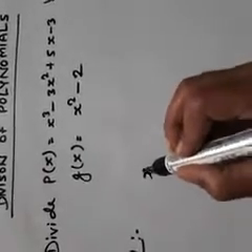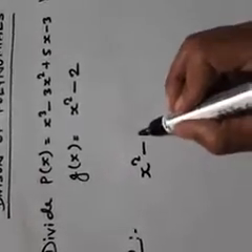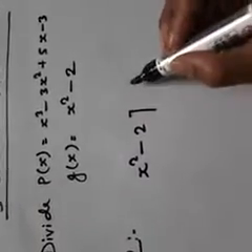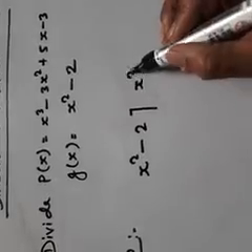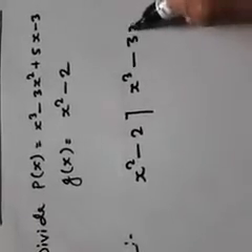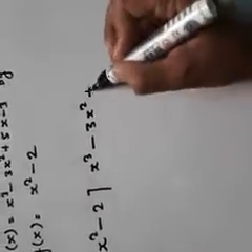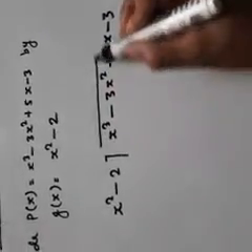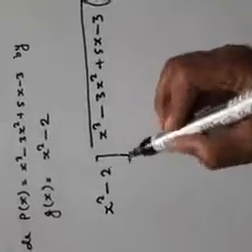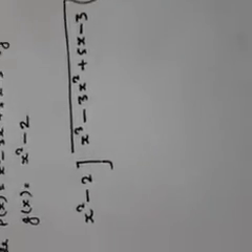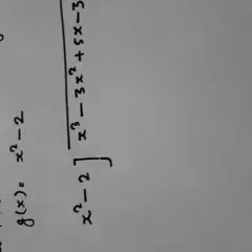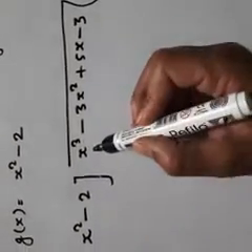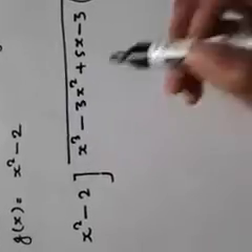So students, see, the divisor is x minus 2, and from this we have to divide x cube minus 3x square plus 5x minus 3. So see students, how to divide. First of all, you only see the first term of the divisor and the first term of the dividend.